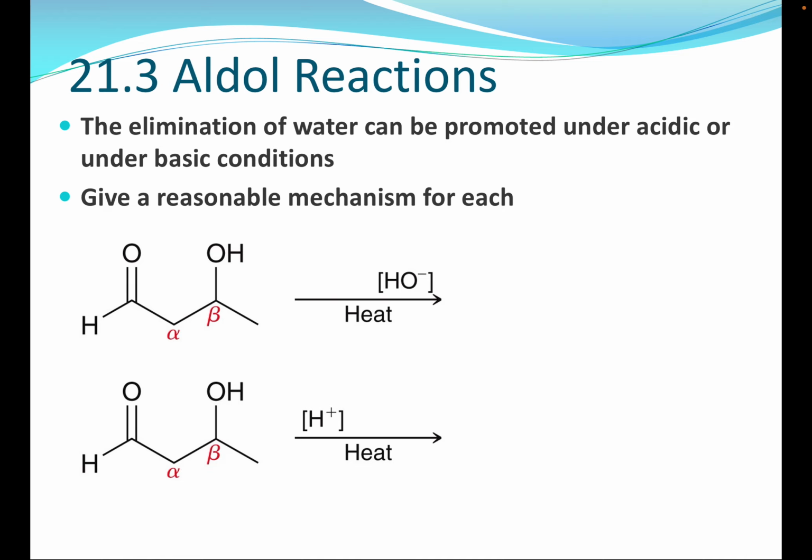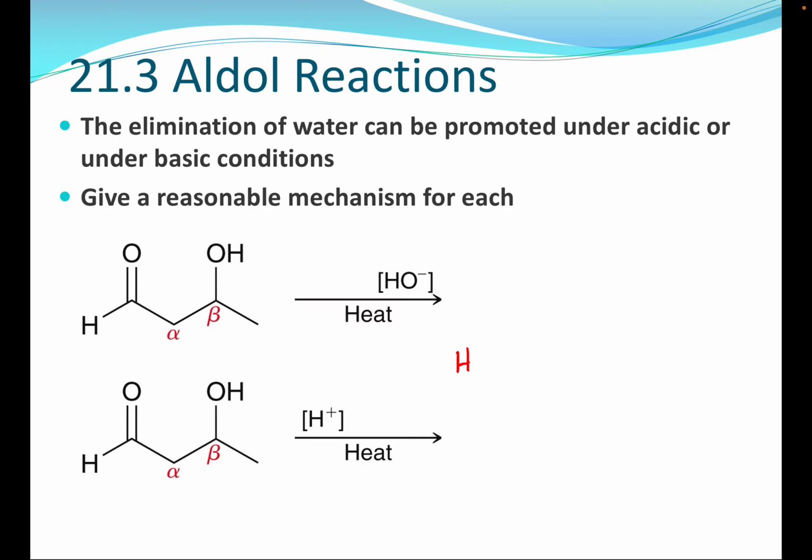So for these products, for this reaction, it's asking us to predict what our product would be, and then I have space on slides following up to draw out what that mechanism would be. Hopefully you realize that both of these beta hydroxyaldehydes are identical, and so our final product should be the same.